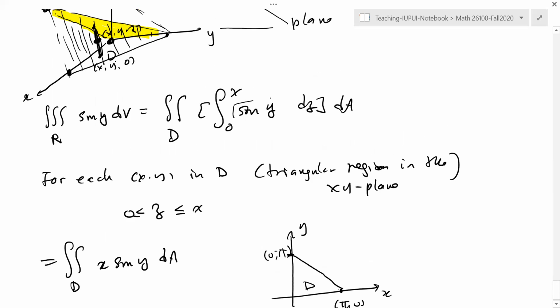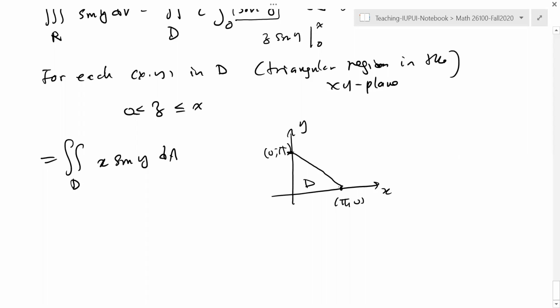Because sine y is a constant independent of z, the antiderivative will be z sine y, but evaluated at the two endpoints. Then you plug in your x. You just skipped that step. Okay, that's what I needed to know. Thank you.